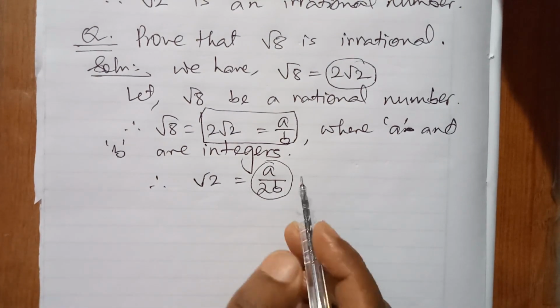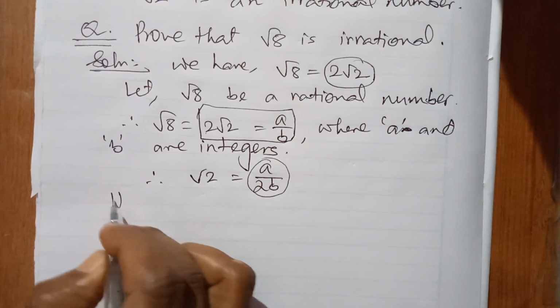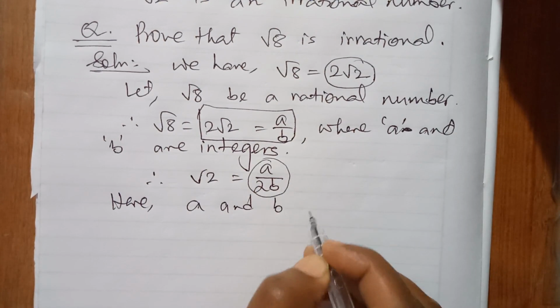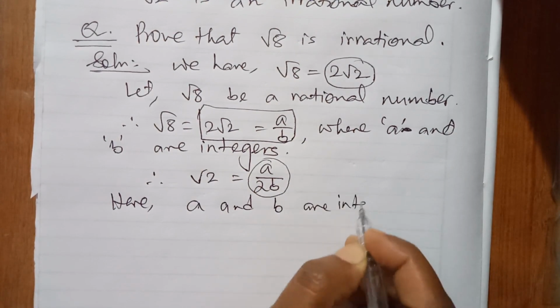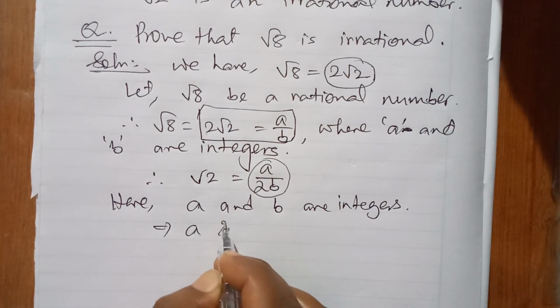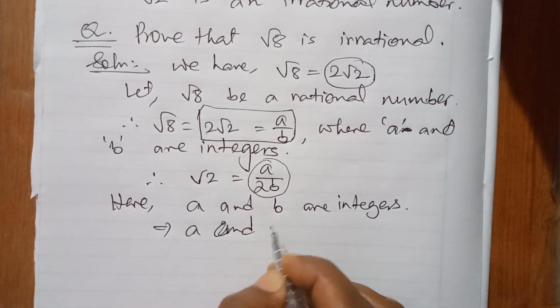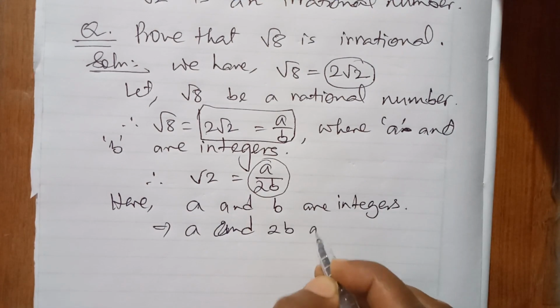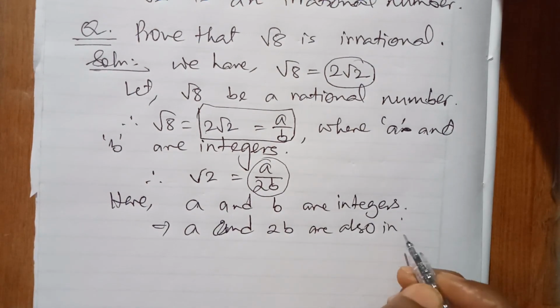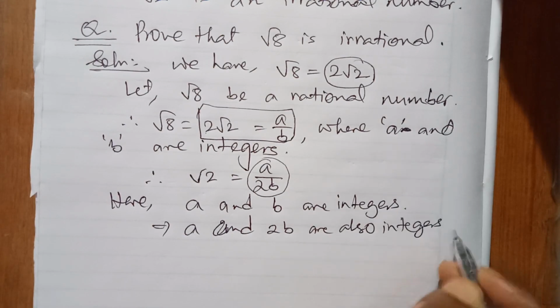Now see how to get it. Here a and b are integers. This implies a and twice b are also integers.